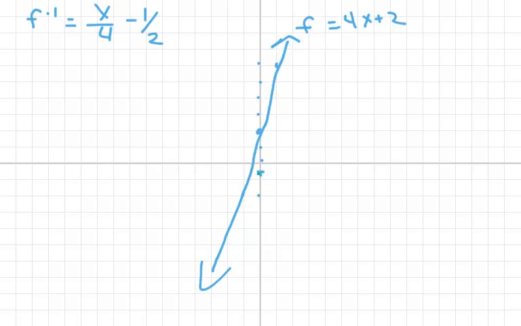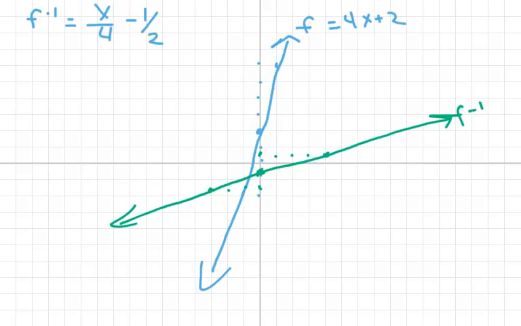I'll do this in a different color. And from this negative 1/2, I'm going up 1 over 4, and I'm going down 1 over 4. So here are my key points right here, and I'm going to connect them here. There it is. This is f inverse, which was x over 4 minus 1/2.